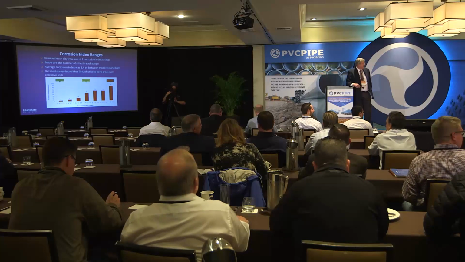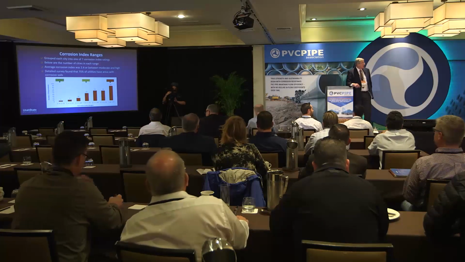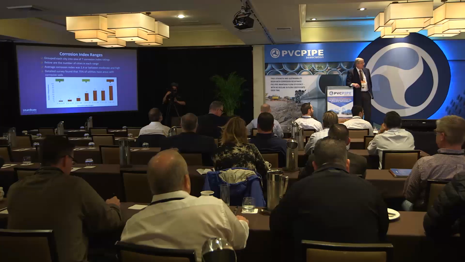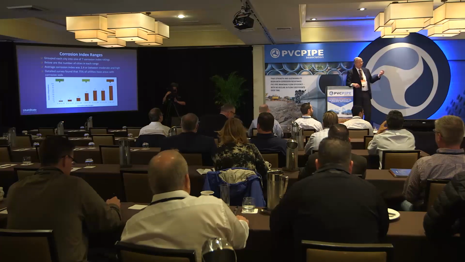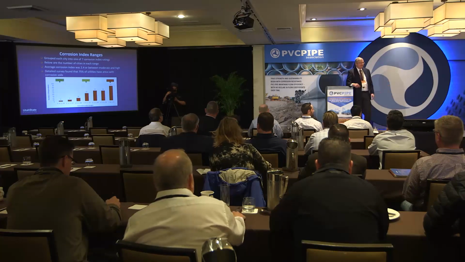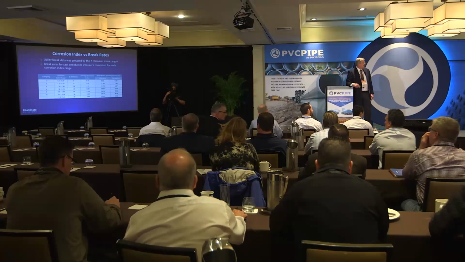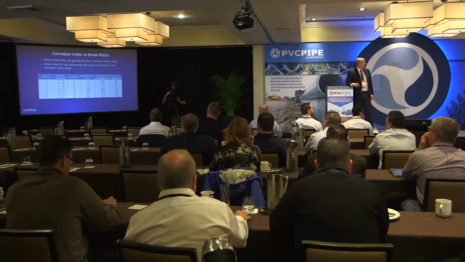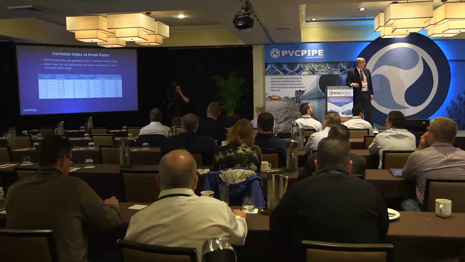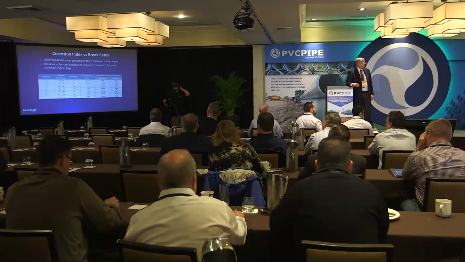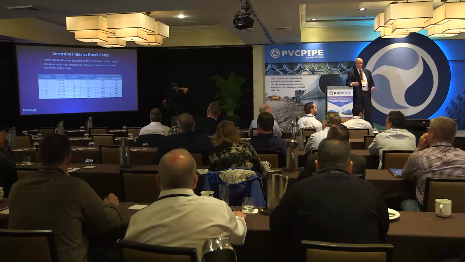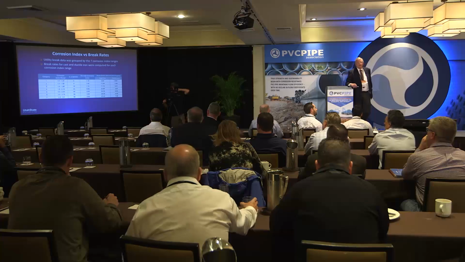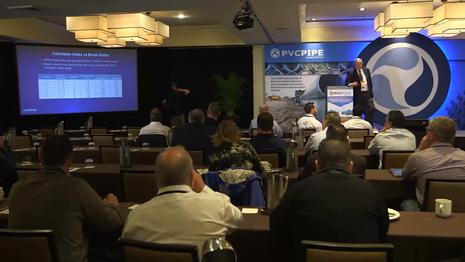Okay. So I was able to break things down in these different corrosion index ranges, if you will, to compile them together. And so here are some numbers. We've got break rates for cast iron from that low corrosion index up through the high. So here's cast iron, here's ductile iron break rates from those different corrosion index ranges.